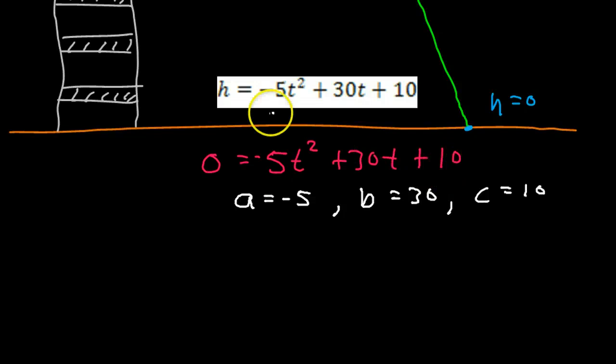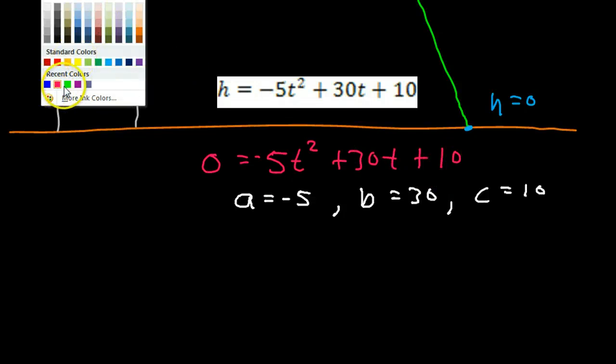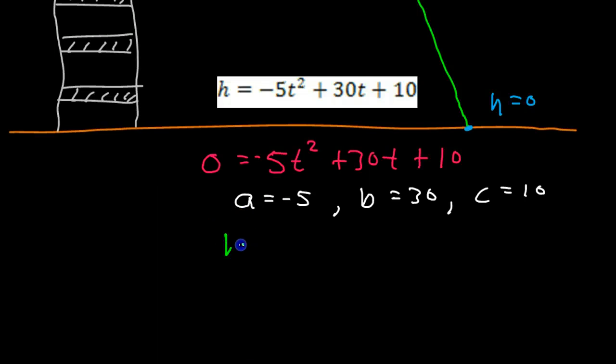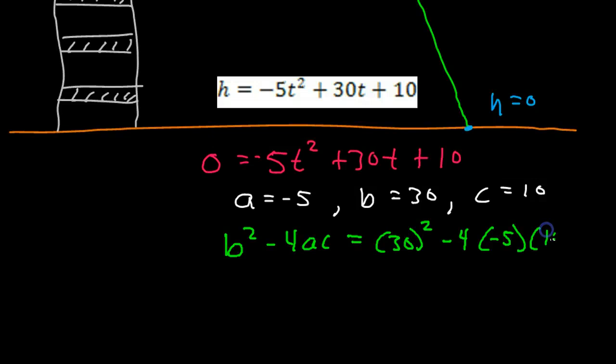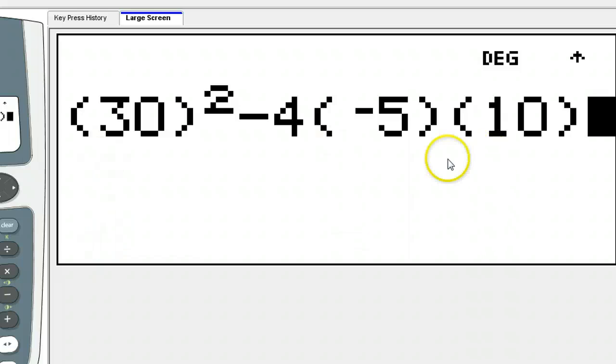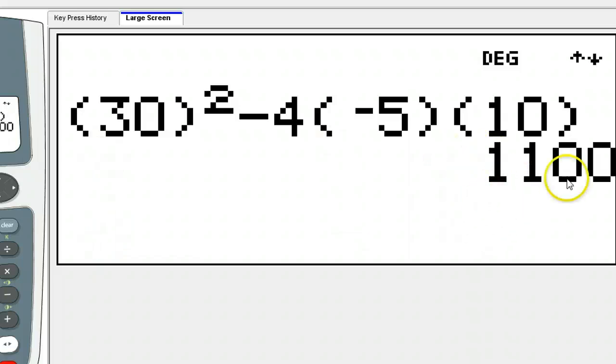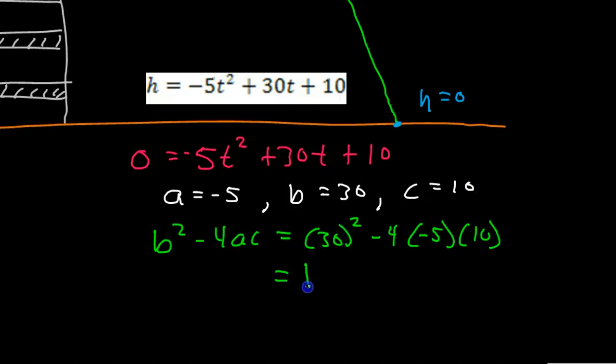First, let's define the discriminant, b squared minus 4ac. That's 30 squared minus 4 times negative 5 times 10. Alright, there you go. So the discriminant is 1,100.